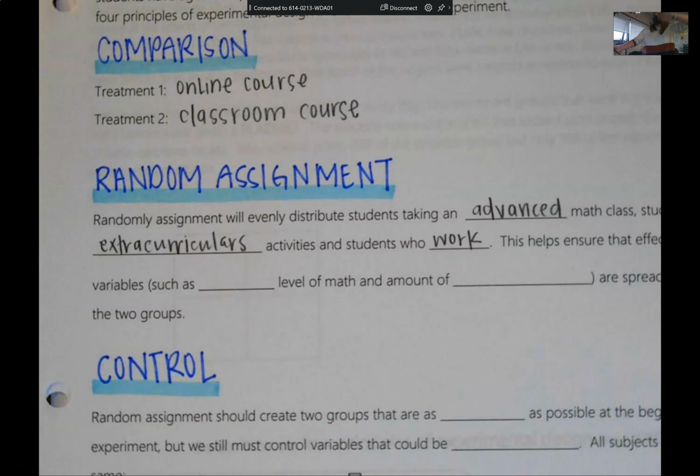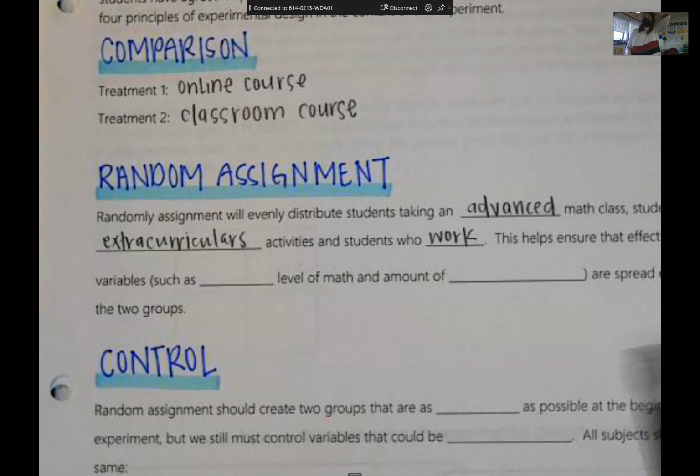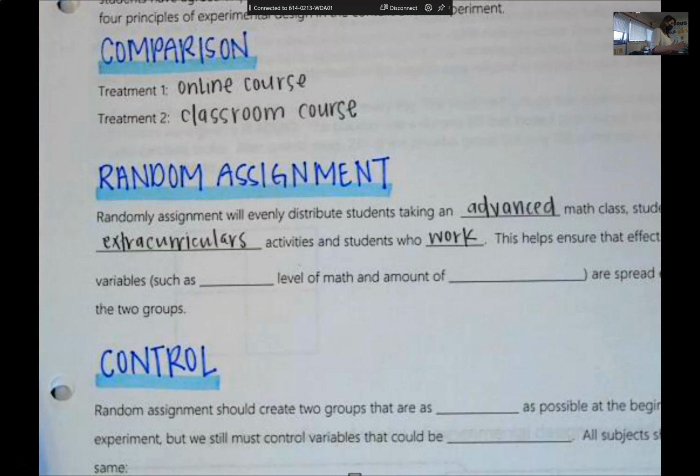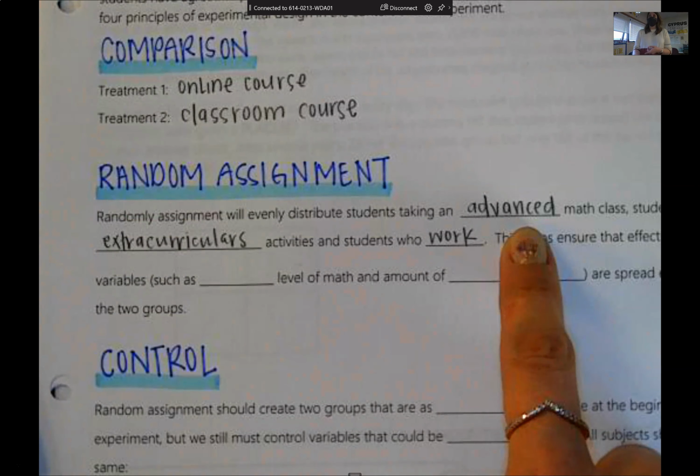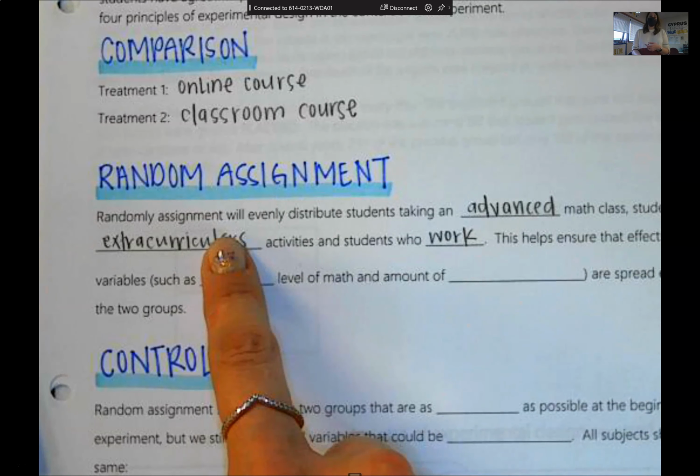So we haven't talked much about this idea, but we always want our groups, whether it's a sample or an experiment with treatment groups, we want those groups to look like the population. And within each population, kids are different. You're going to have kids that are advanced. You're going to have kids that work a lot or have a lot of commitments after school.